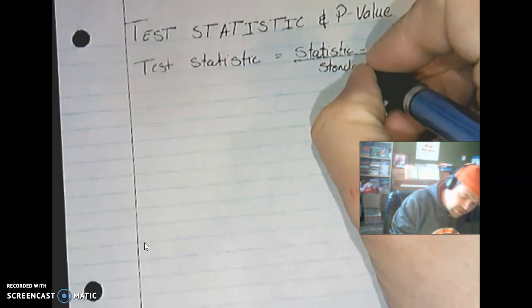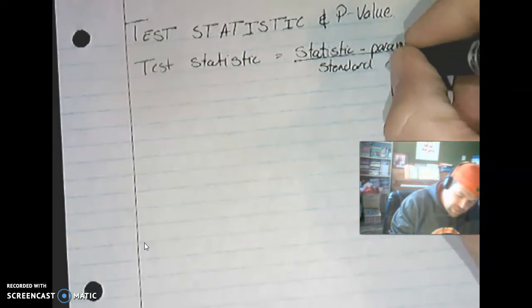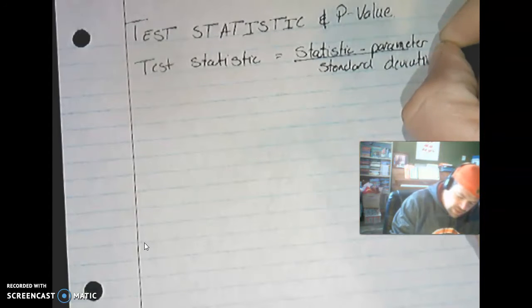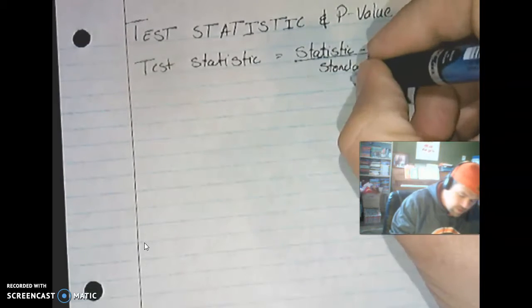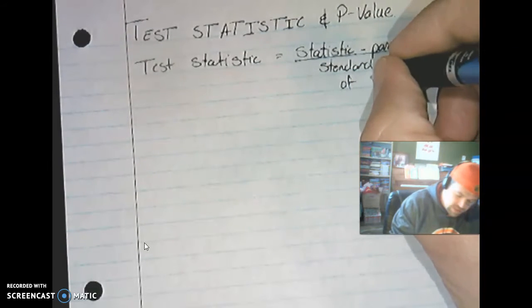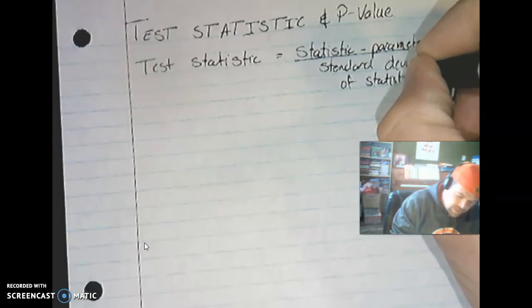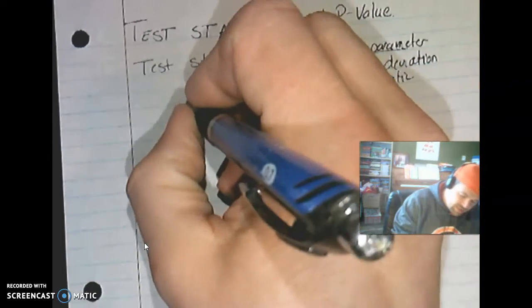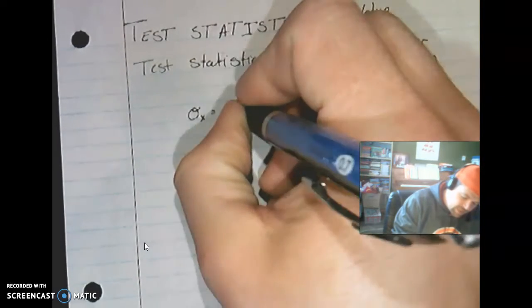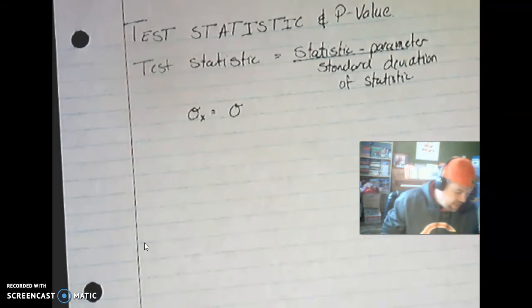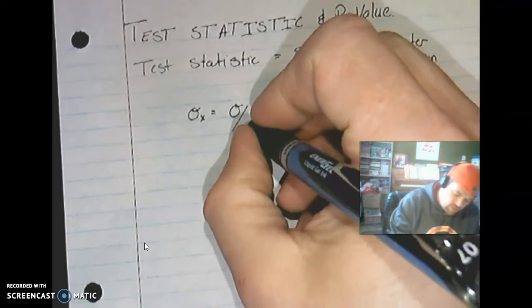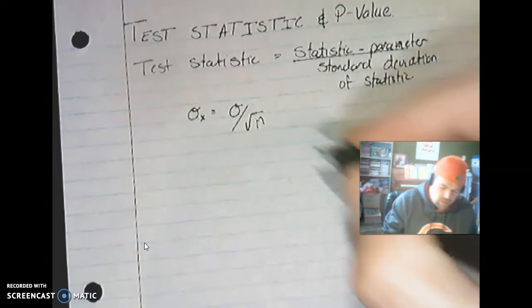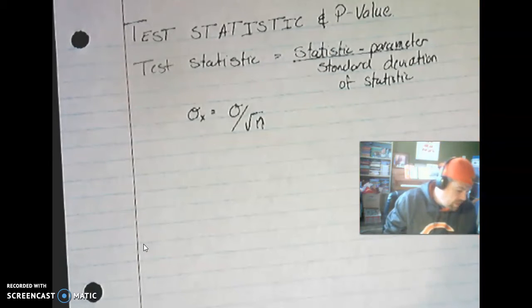Then we take this, and this is the standard deviation of the statistic. What that means is that we take the standard deviation of our data and divide it by the square root of n, how many we have.